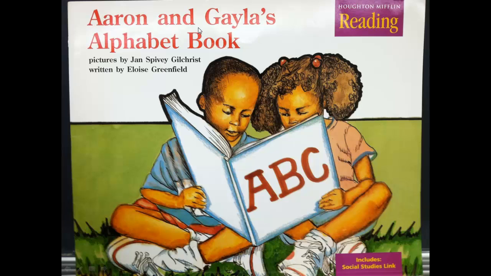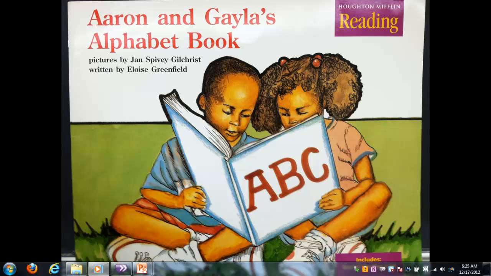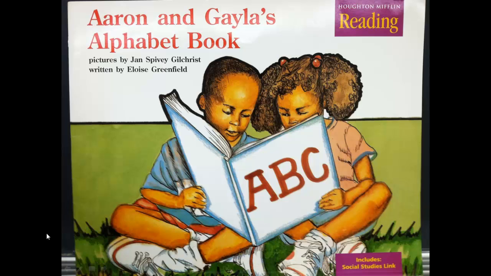And I know and ends and Gayla begins because there's a space right here. So spaces really help me read. You pay attention to that in the story too. So let's go ahead and listen to our story. Let's read Aaron and Gayla's Alphabet Book by Eloise Greenfield. Pictures by Jan Spivey Gilchrist.